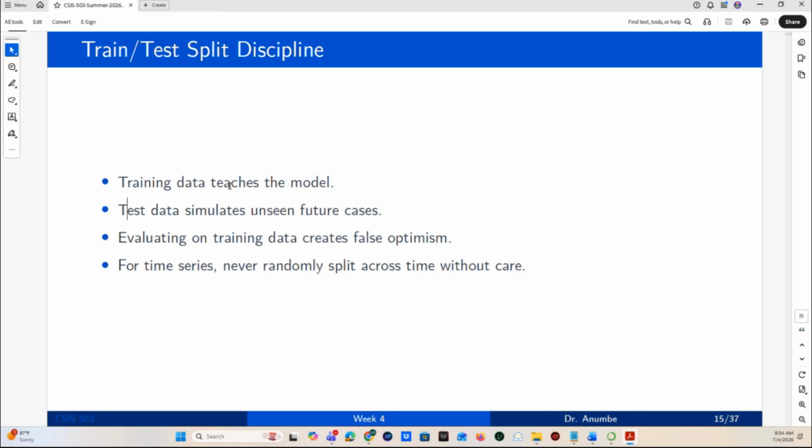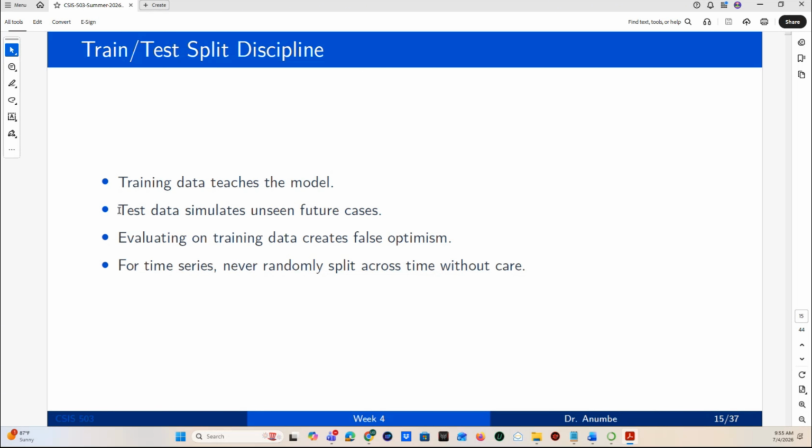So now after I've trained my model and I want to run inference in the real world, what is it going to look like when I run inference on data I wasn't originally trained on? That's the role the test data plays. So it says test data simulates unseen future cases. Evaluating on training data creates false optimism.